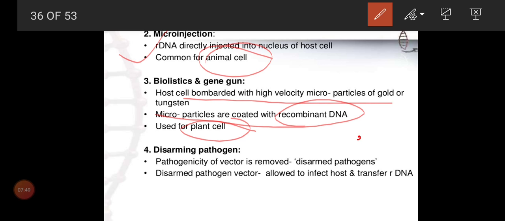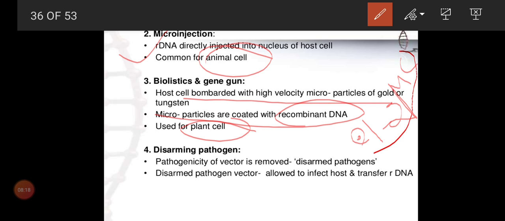Imagine this is your recombinant DNA, surrounded by a gold or tungsten material. This is now called microparticles containing DNA, and the size should normally be 1 to 2 micrometer.